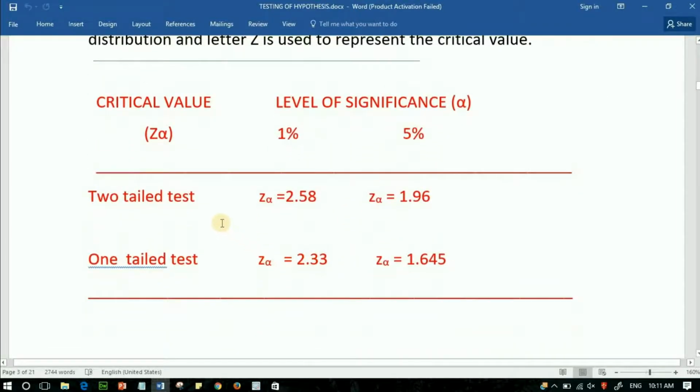For two-tailed test, if the level of significance is 1%, the critical value is 2.58, and for 5% it is 1.96. And for one-tailed test, either left-tailed or right-tailed, for 1% the value is 2.33 and for 5% 1.645.